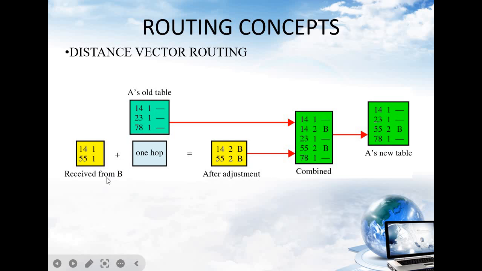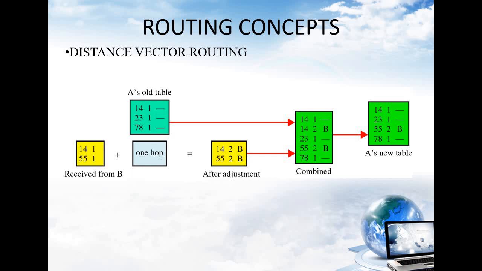Since it was received from B, we add one hop. After the adjustment, B's table becomes 14, 55 with the hop count increased by 1: 2, 2, B. So this is B's table after adjustment, and we are going to combine the A and B tables.